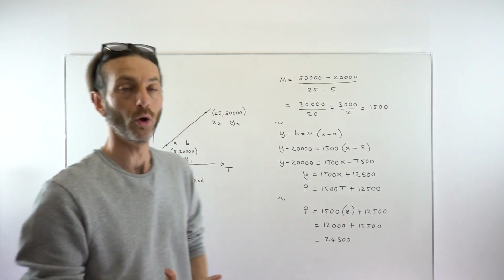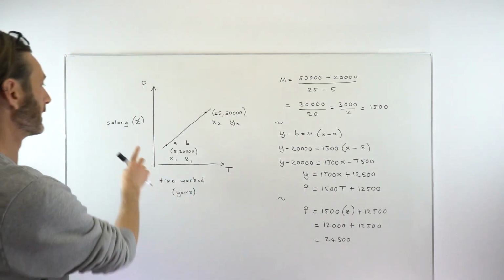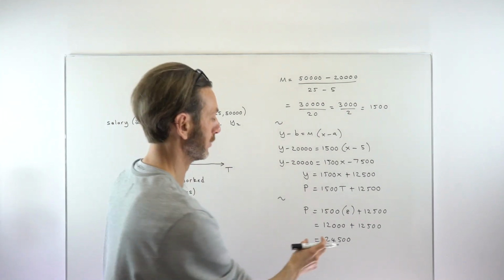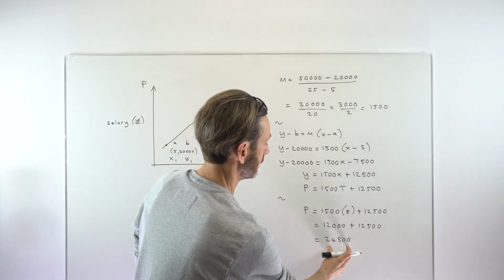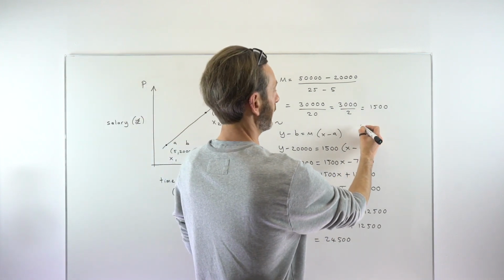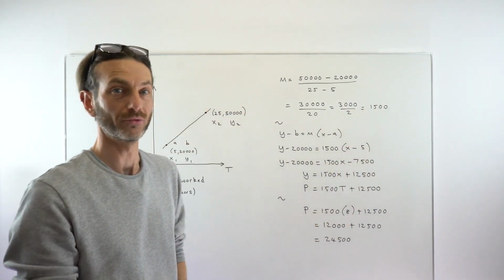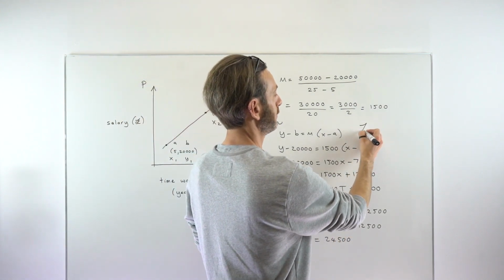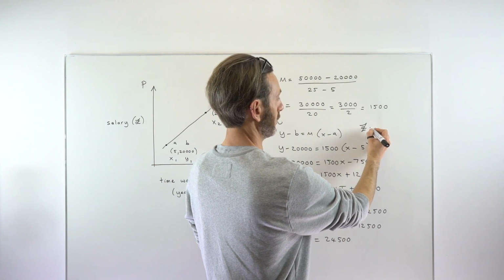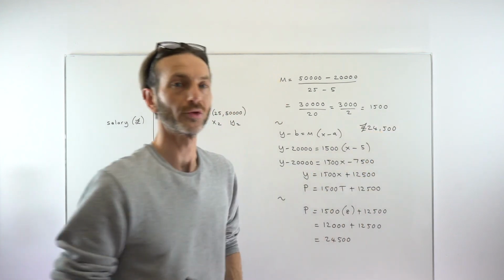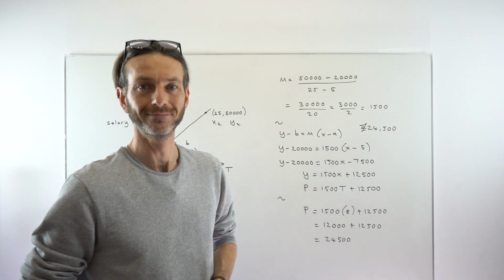And just remember that obviously this is in pounds, so monetary unit, so we're just putting in that final unit. And you might just want to write that somewhere separately to say something like the salary after 8 years is 24,500 pounds. And that's the final answer for part B.